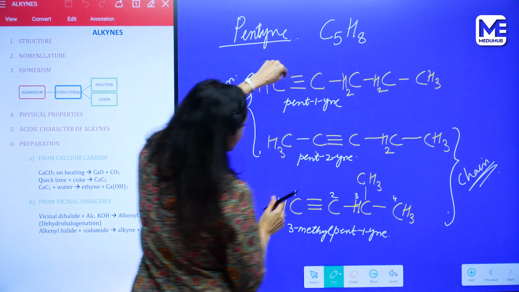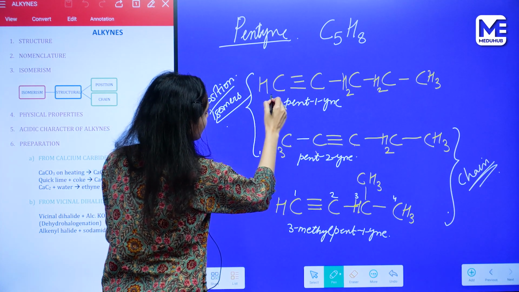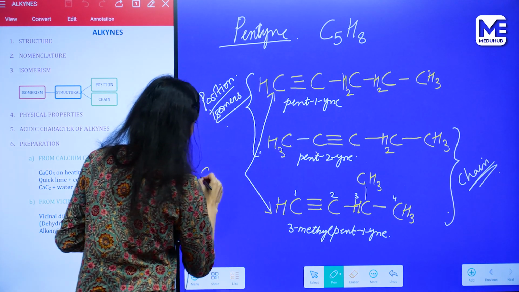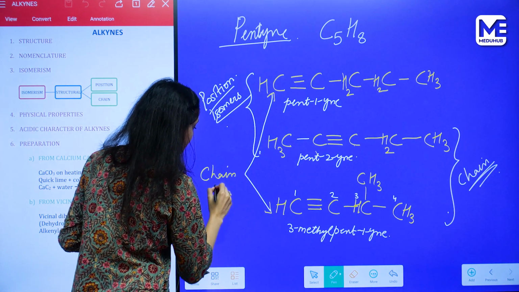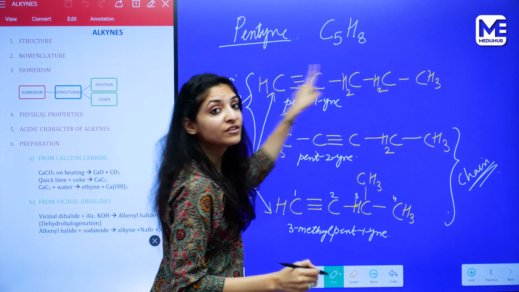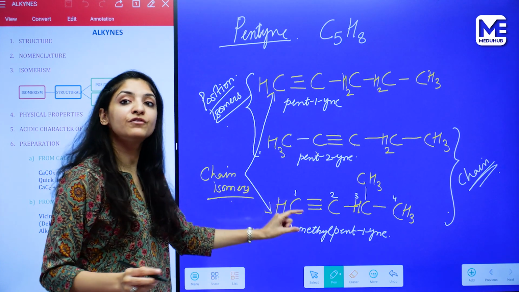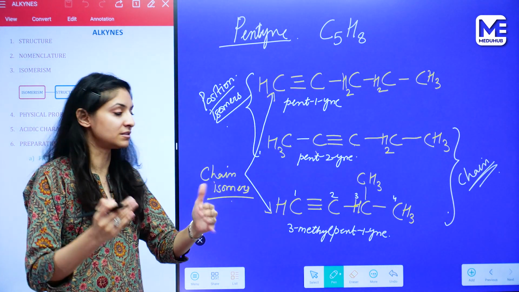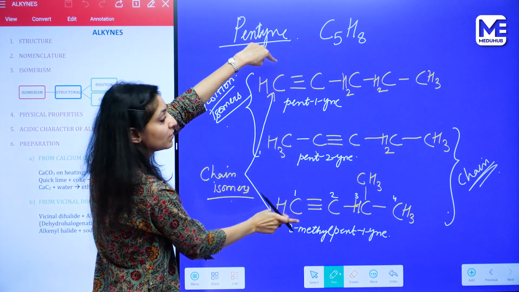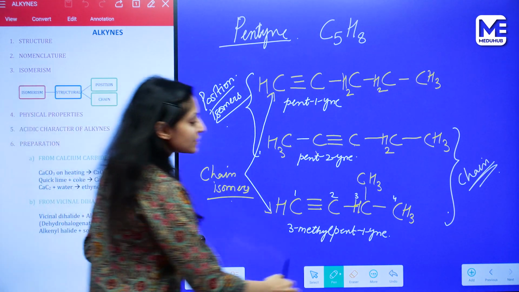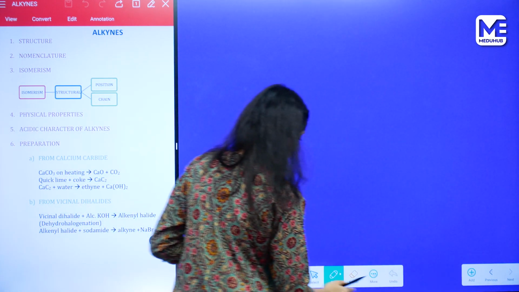Similarly, the first and the last one also, these two are also called chain isomers. Because this is a straight chain, this is a branched chain, the number of carbon atoms is the same, the molecular formula is the same, the basic carbon skeleton is different. That is why these two are called chain isomers, right? Now let us talk about the physical properties of alkynes.